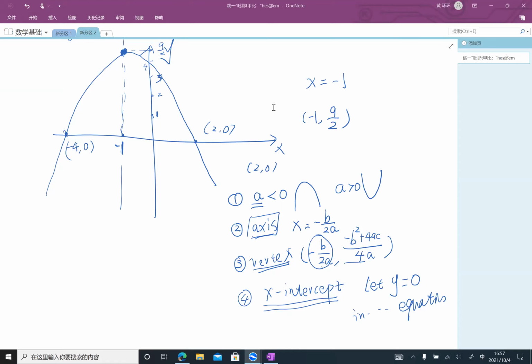I'll give you some minutes to change your room meeting name. Change your room meeting name to your student number plus your name. You can put your student number, and then add your name following it.